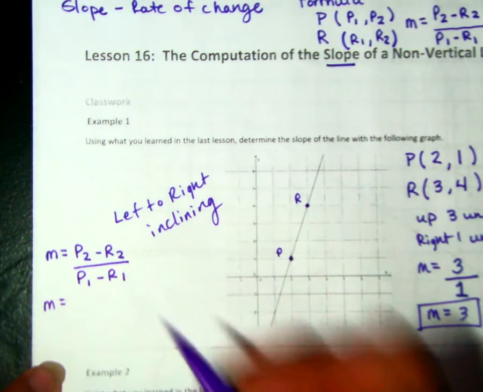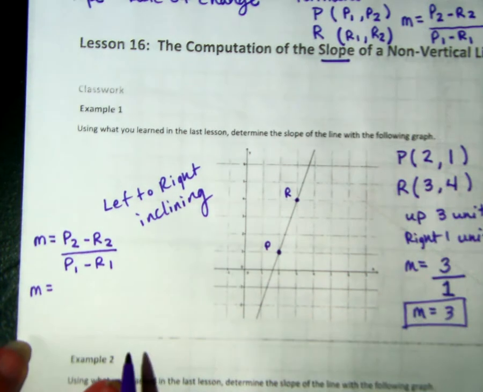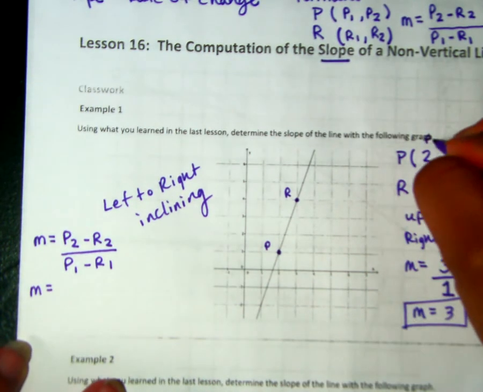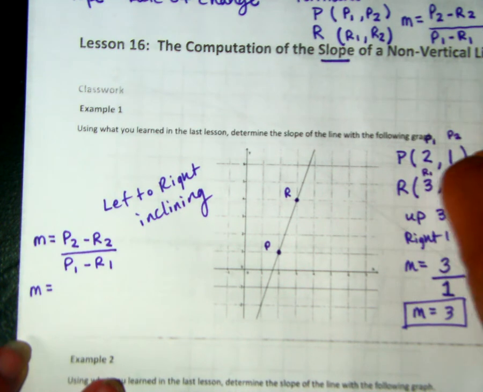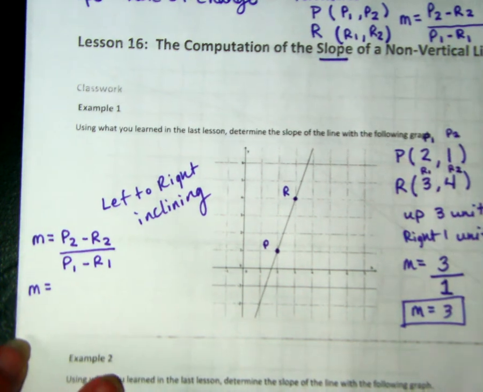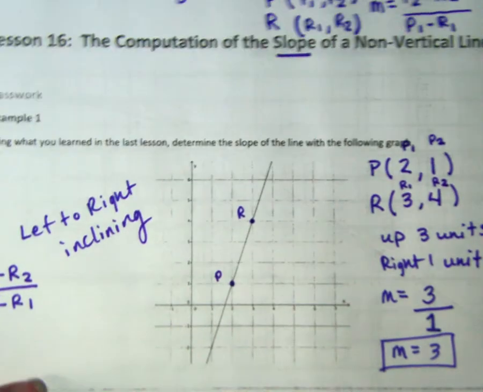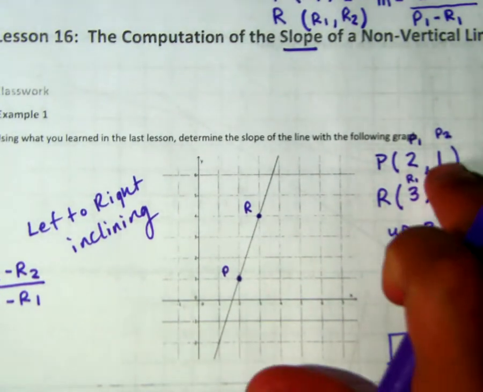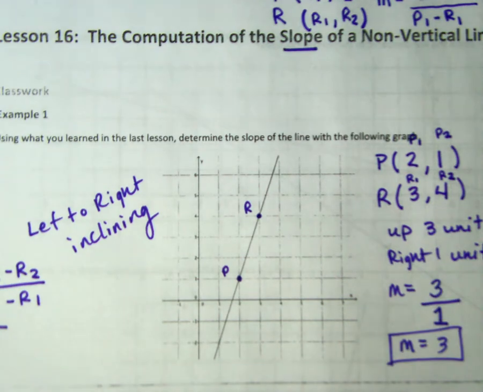So I'm now going to substitute in my given ordered pairs. If you need to label P1, P2, R1, and R2, you can do that on your ordered pairs to help you organize your work a little better. All right, so I'm going to take P2, 1, subtract from it.